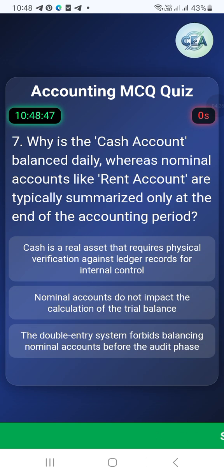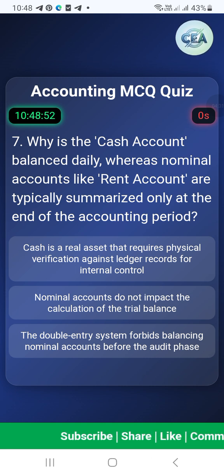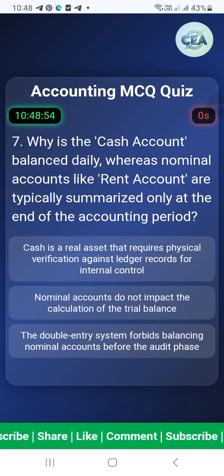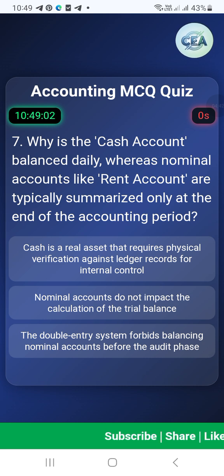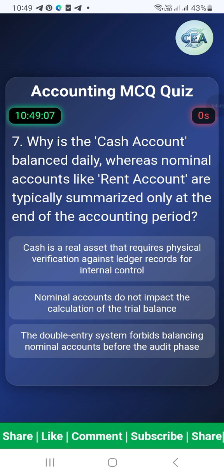7. Why is the cash account balanced daily, whereas nominal accounts like rent account are typically summarized only at the end of the accounting period? Option 1. Cash is a real asset that requires physical verification against ledger records for internal control. Option 2.